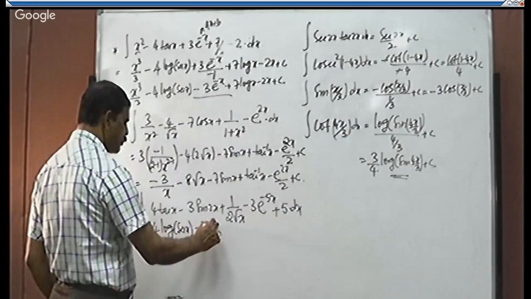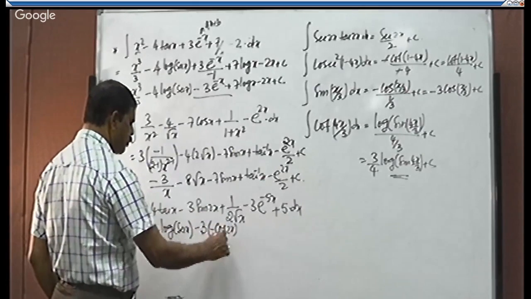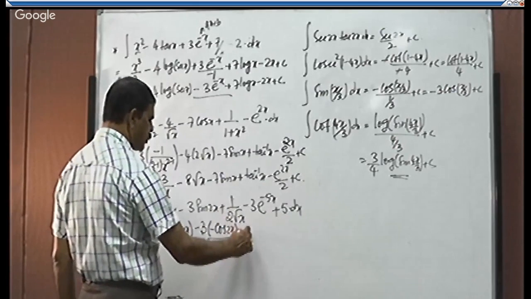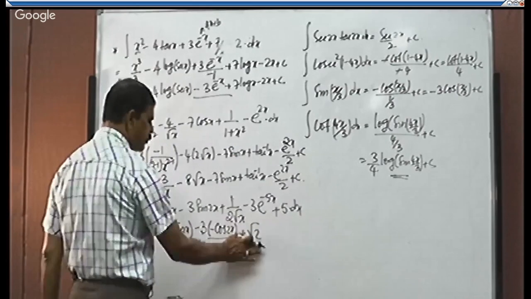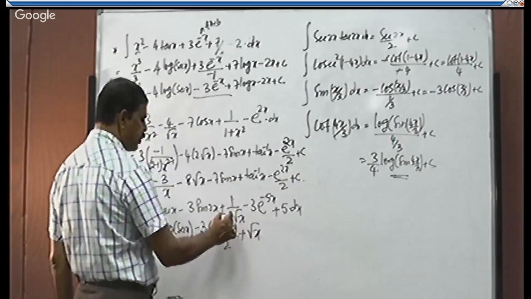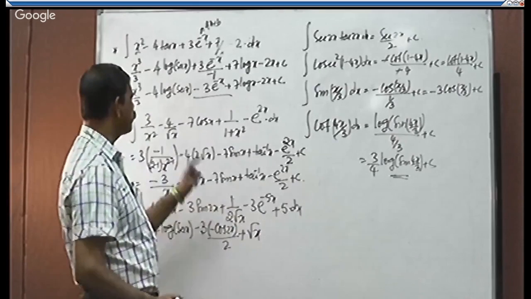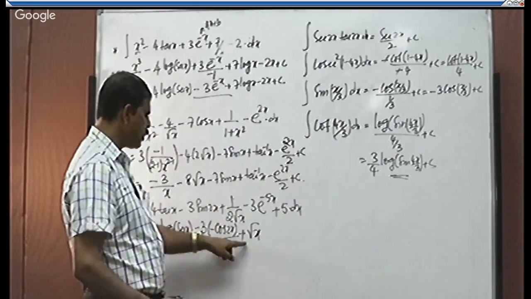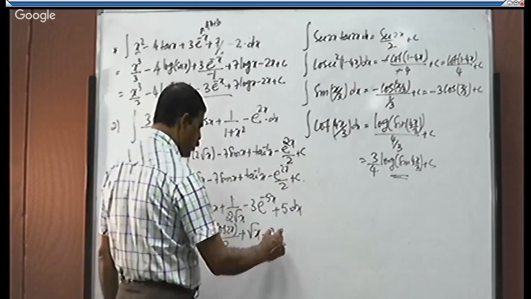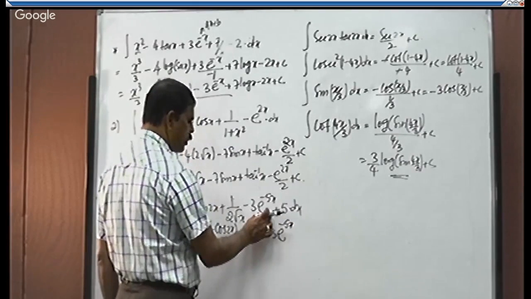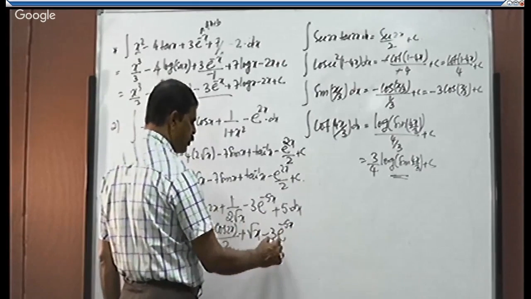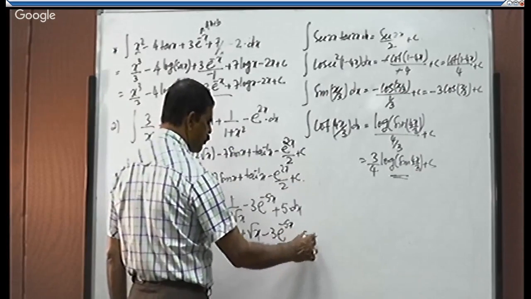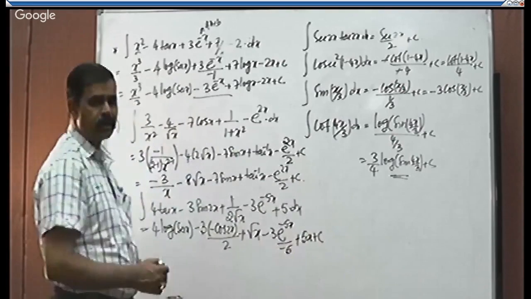It is minus cos of ax plus b divided by the x coefficient. Plus, for 1 by root x it is 2 root x. It is only root x because 2 is here. For 1 by 2 root x, it is only root x. Minus 3 e power ax plus b, correct? e power ax plus b is e power ax plus b divided by the x coefficient. Plus, for a constant, it is constant into function. So this is the answer, right?